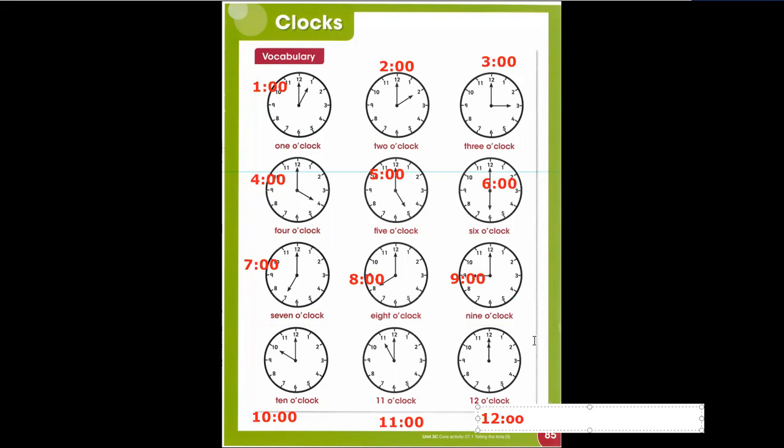So here in every clock, the big handle is on 12. So it means minutes are 00, and this is a full hour. So this is how you are going to understand.